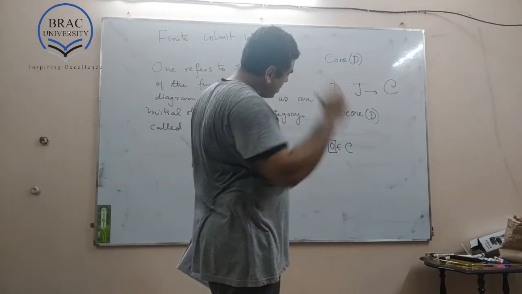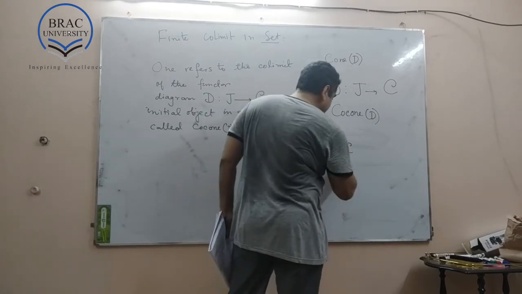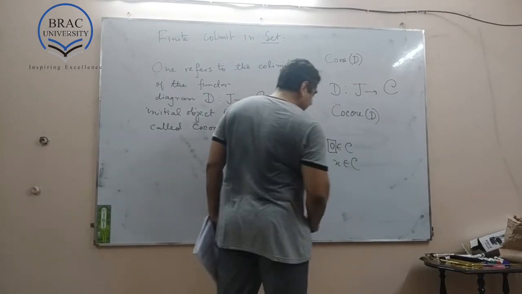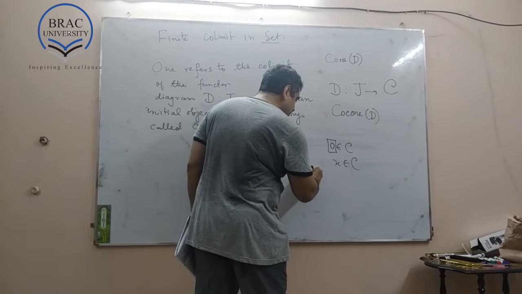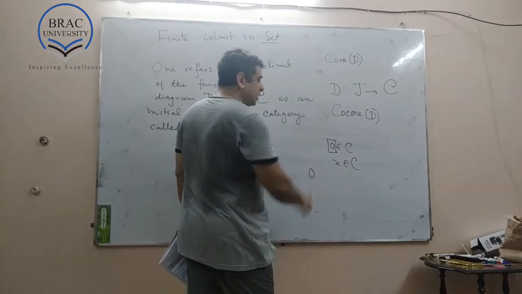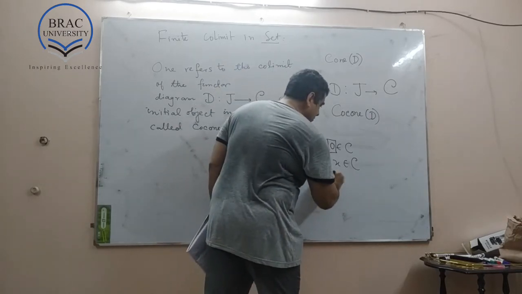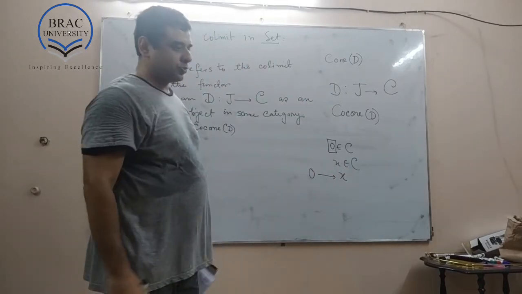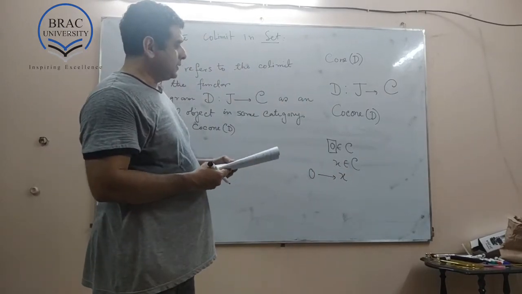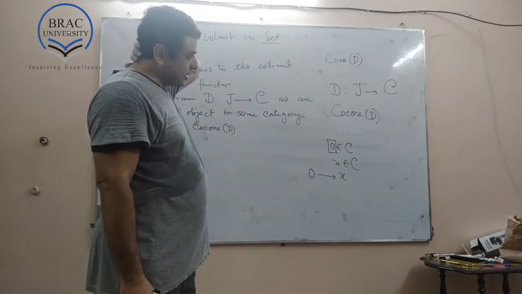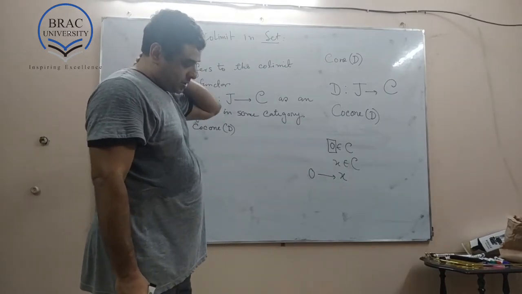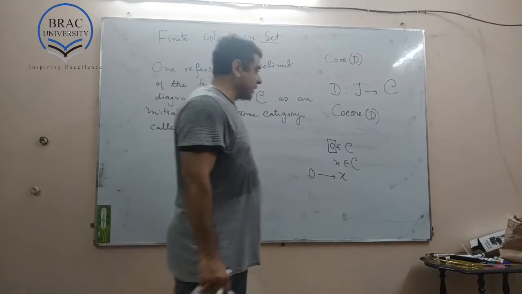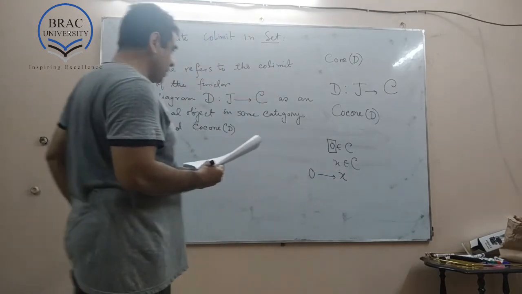So for any other object X in the category, there is a unique morphism from this initial object to the object X. And so this is the notion of initial object in a given category. Okay?